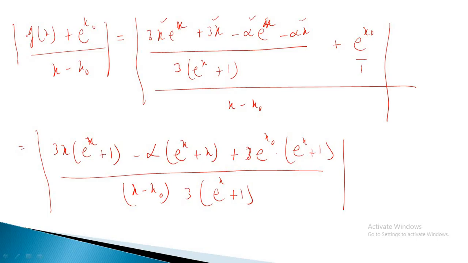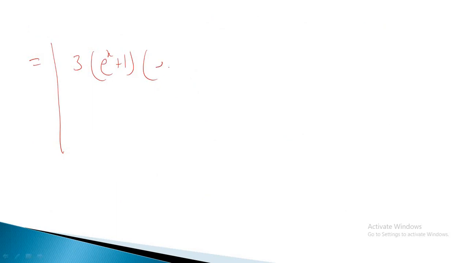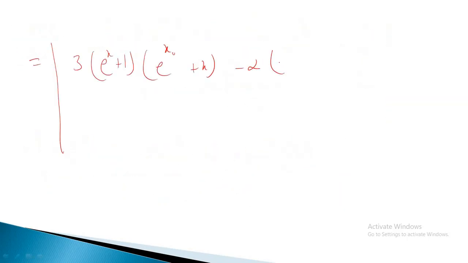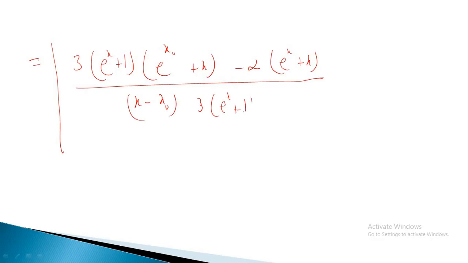So we get e raised to x naught plus x, negative alpha times e raised to x plus x, divided by x minus x naught, times 3 times e raised to x plus 1.